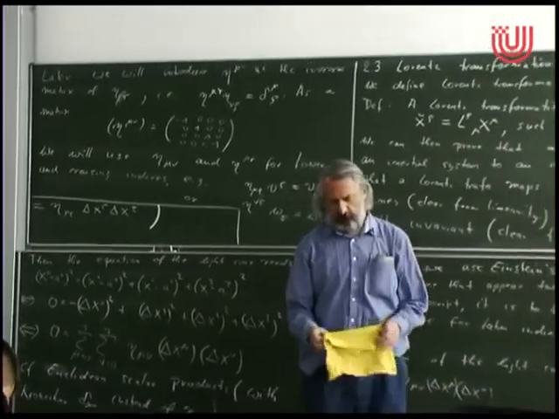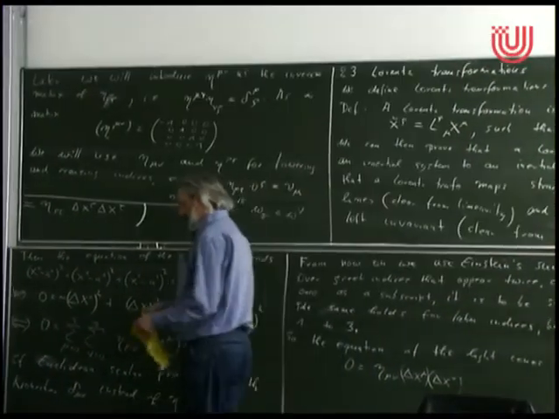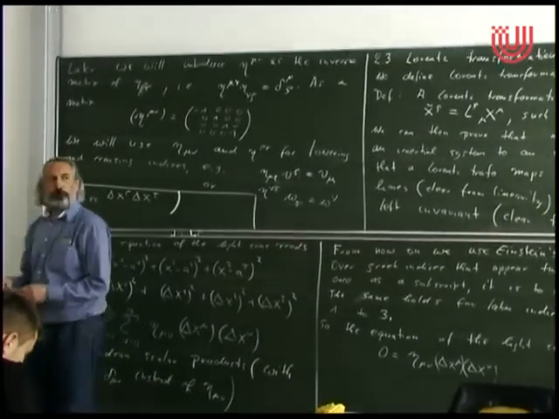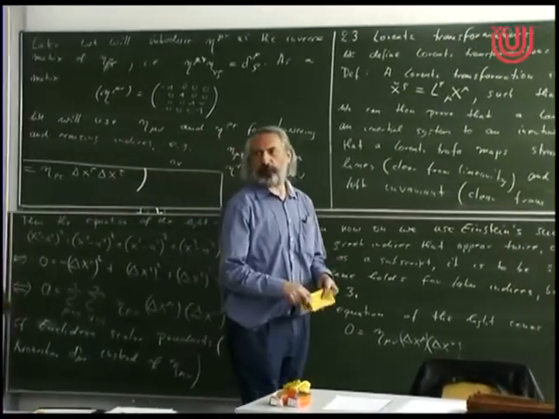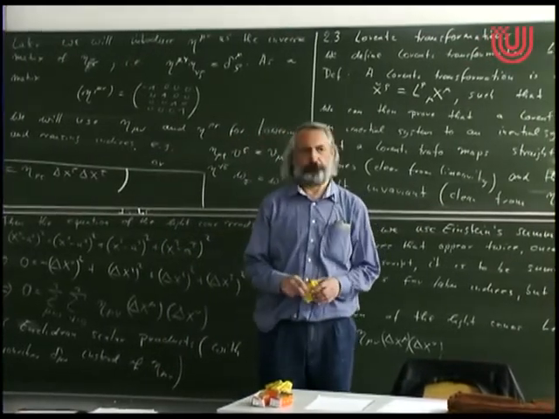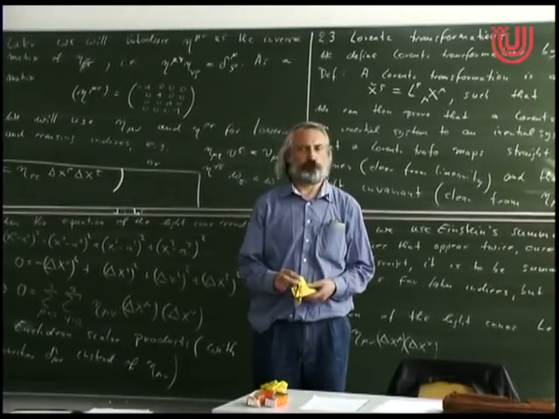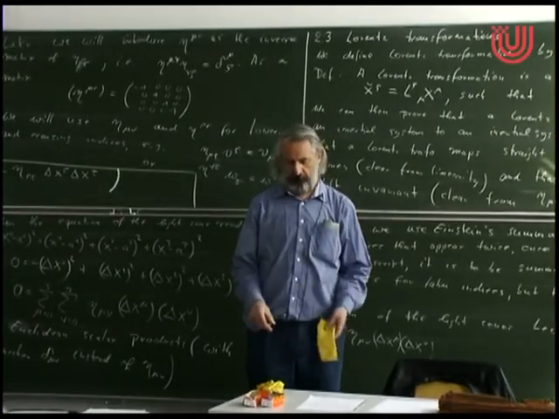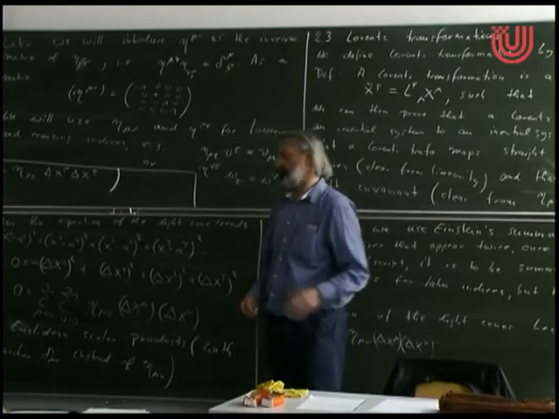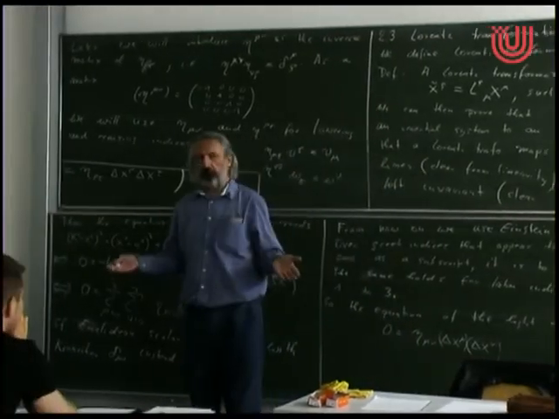Now comes an interesting question. Are these the only transformations which map inertial systems onto inertial systems? What do you think? Or are there more transformations which leave straight lines invariant?